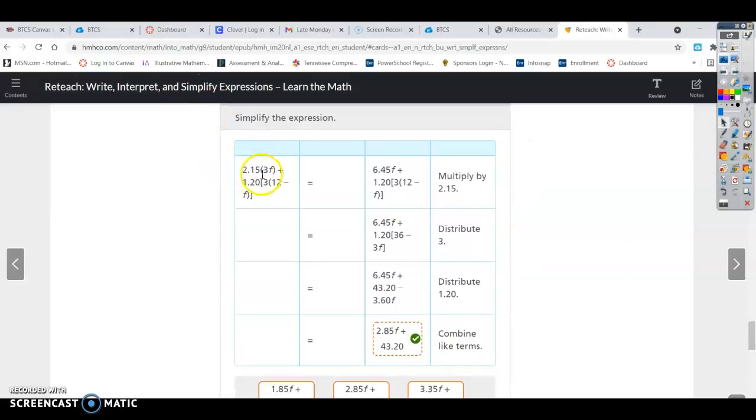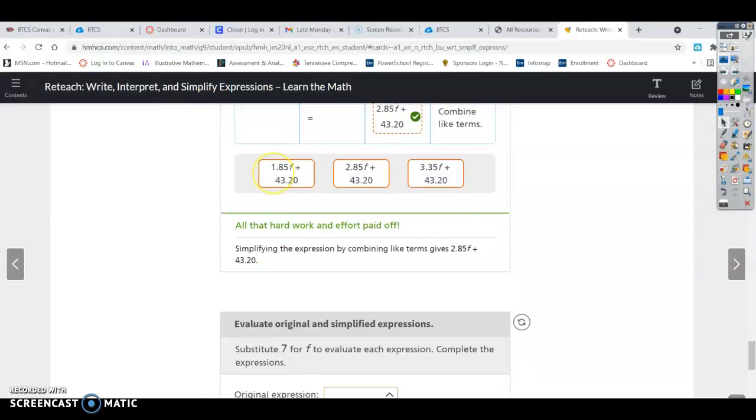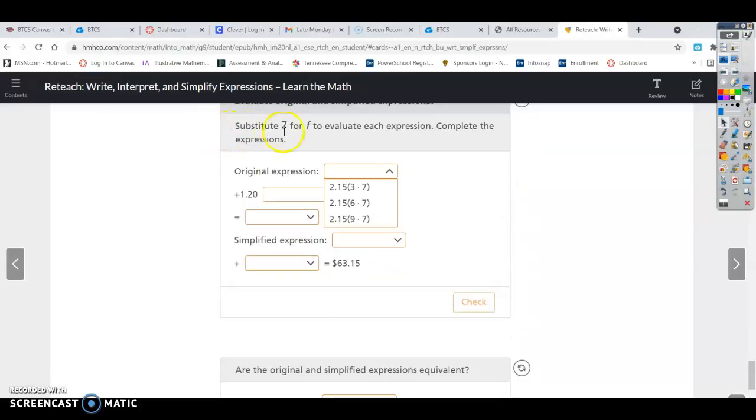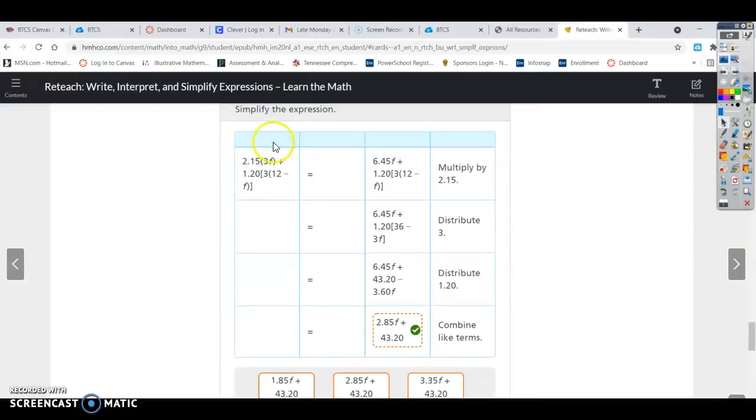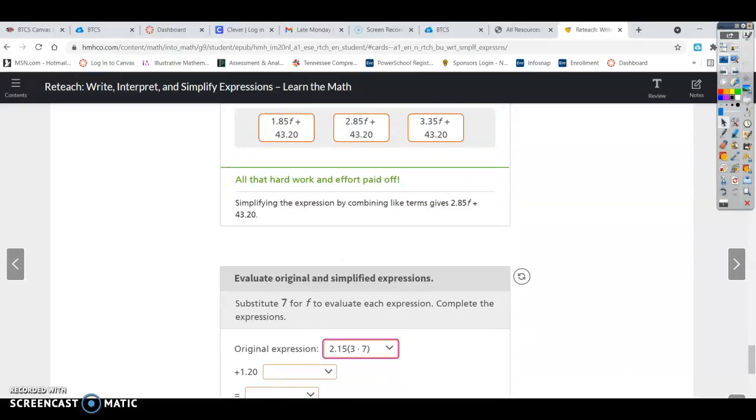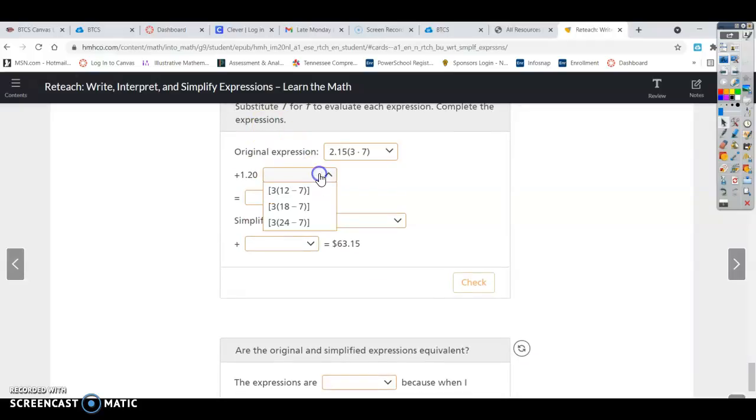So all we're going to do is substitute 7 for f. And then this one is going to be the second expression: 1.20 times 3 times 12 minus f. In this case, we're saying f is 7.